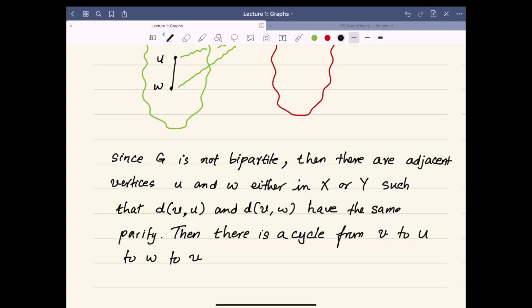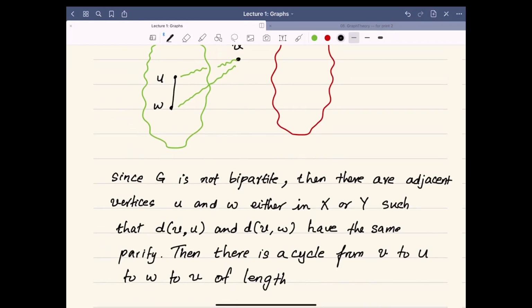And what is the length? Maybe we should say length, because the definition for distance is the same as length. So I will say of length. Now let us see the length.